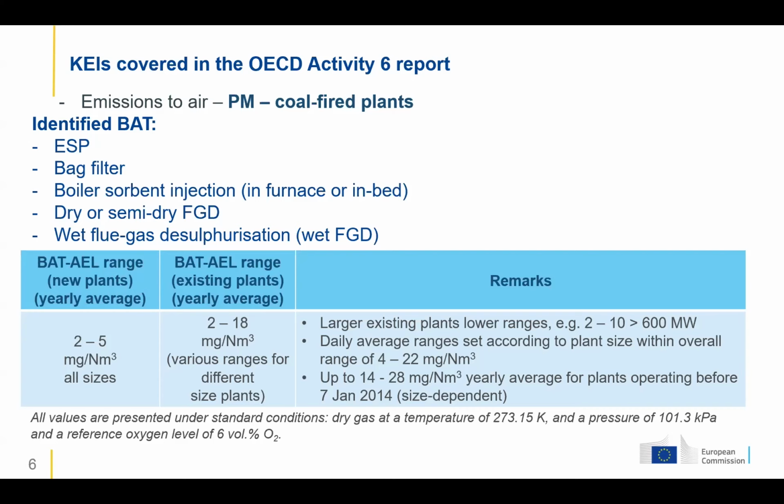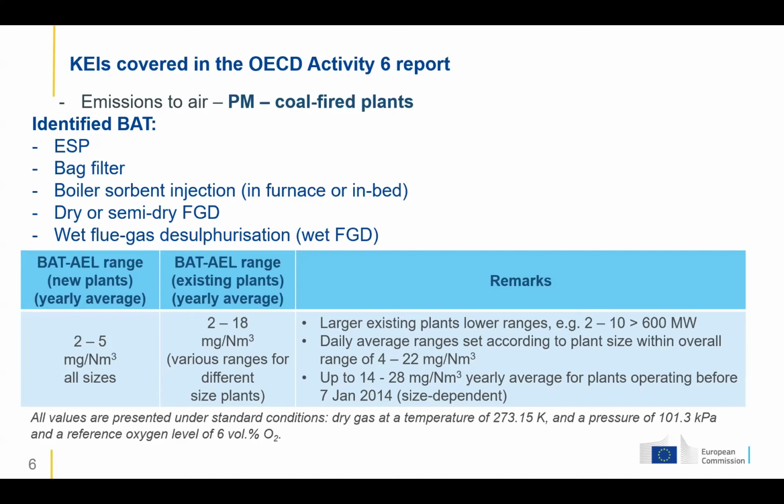Of course, in addition to the yearly averages, the European BREF BAT conclusions also set daily average ranges according to the plant size, with the overall range from 4 up to 22 milligrams per normal cubic meter, or between 14 and 28 milligrams per normal cubic meter yearly average for plants operating before 7 January 2014, and this is size dependent.